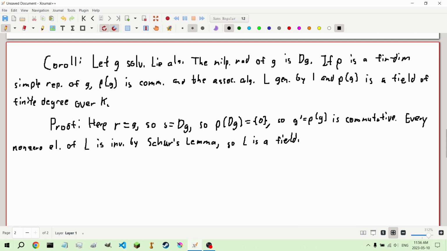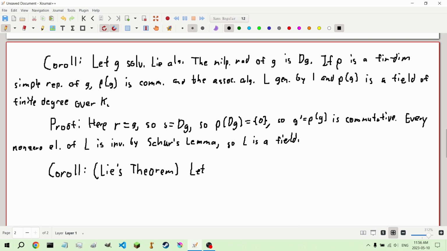Corollary number 2. This is also known as Lie's theorem, named after my man Sophus, I'm presuming.